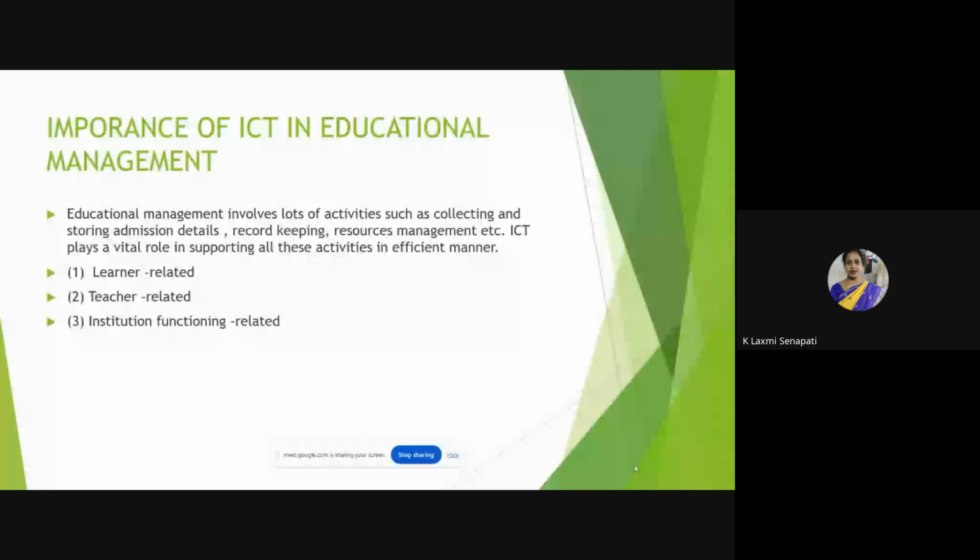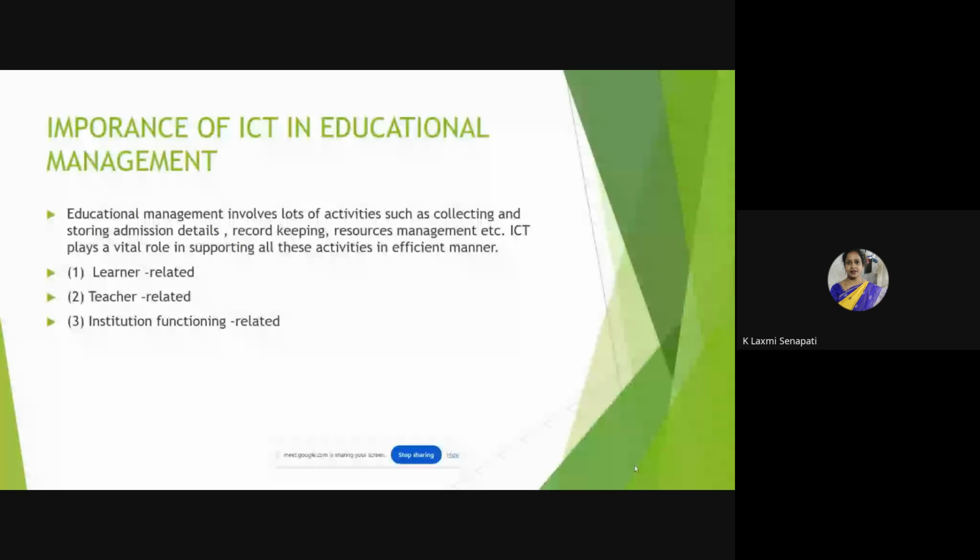In the ECC record, you can see what good qualities are there within the students. From his portfolio, we can get a basic idea about the student, on which field the student is very good. Teacher-related information also, everything we can get by using ICT in educational management.